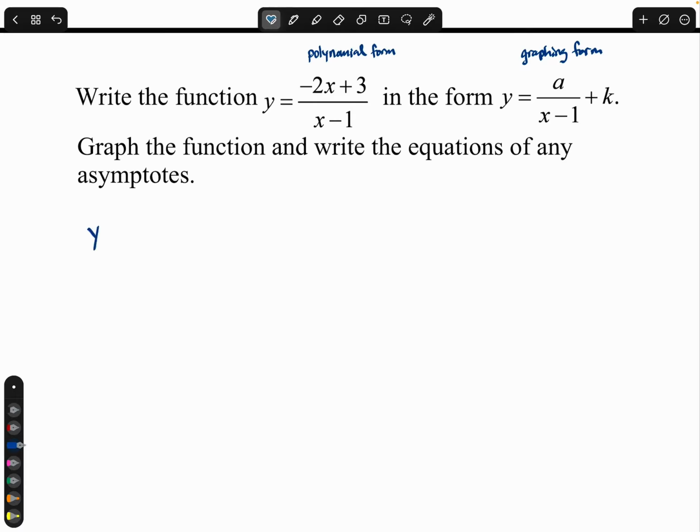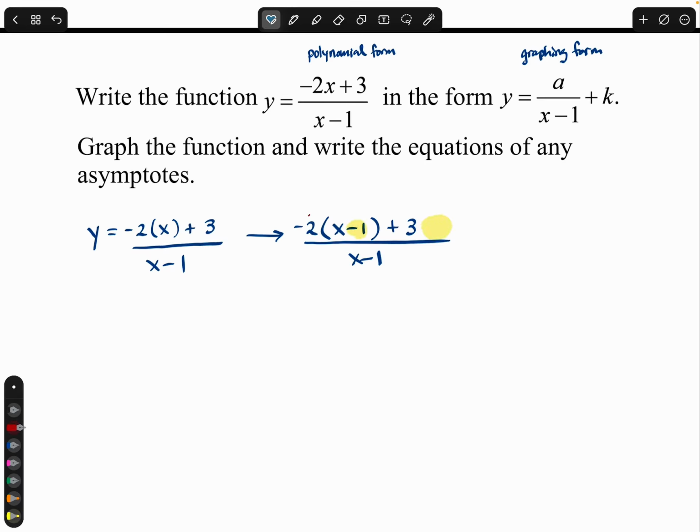We've got y equals negative 2, and we're going to put that x in parentheses, plus 3, all over x minus 1. Now to make them appear the same, we've got negative 2 and we're going to add that minus 1 in the parentheses, and then we've got that plus 3, over x minus 1. When we put this in here, we have to do something to keep it balanced.